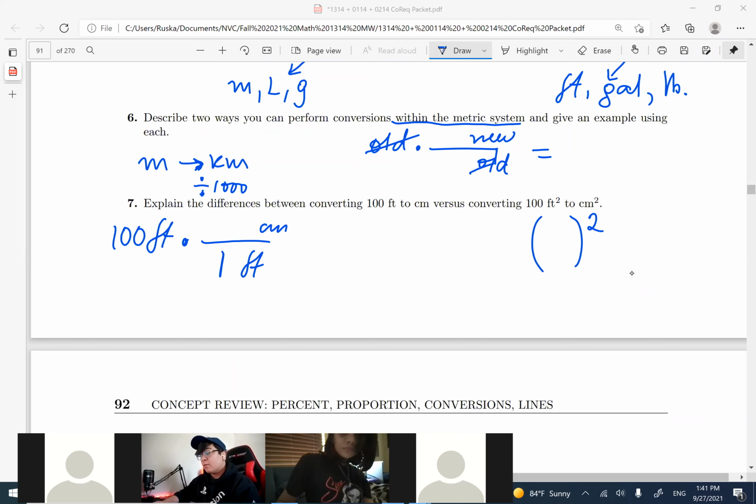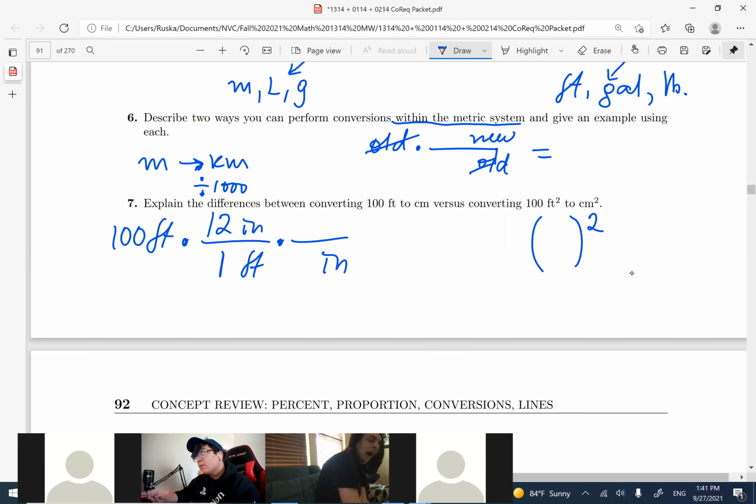Okay, let me erase that. We're going to go to inches, right? And then you're going to cancel the inches and go to centimeters.